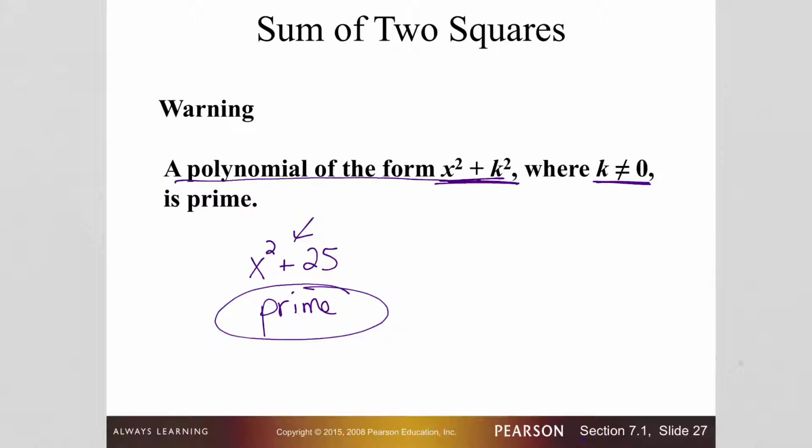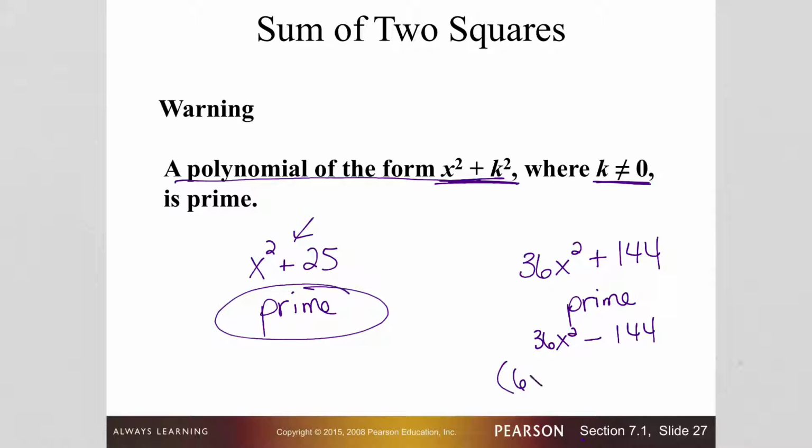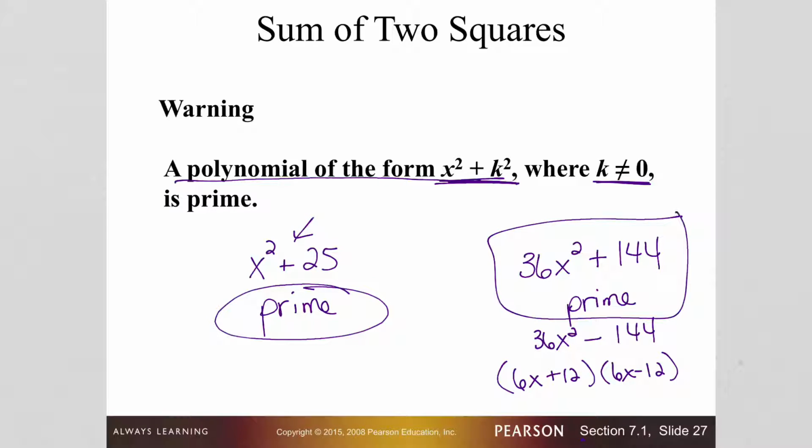But whenever you have something like this, so if you have, let's say, 36x squared plus, let's say 144, this would be prime. But if you have 36x squared minus 144, now you have 6x and 6x go there and there, 12 and 12 go there and there, one's a plus, one's a minus. So this right here is prime, but this right here factors to be 6x plus 12, 6x minus 12.